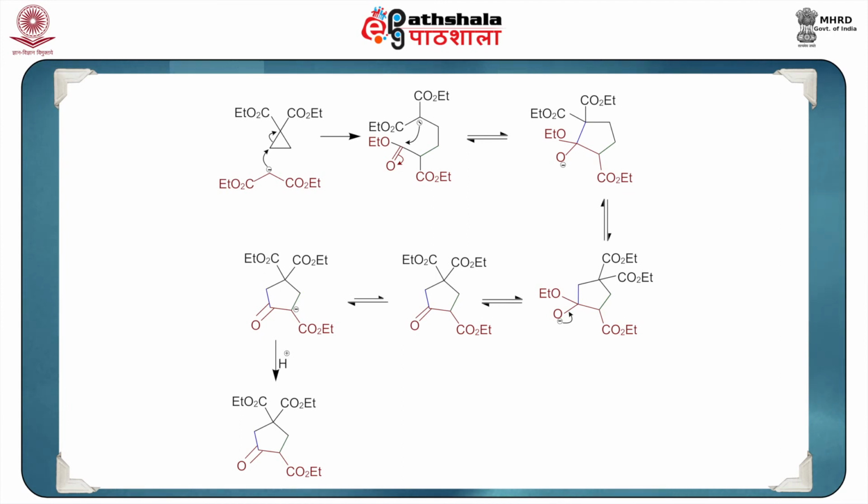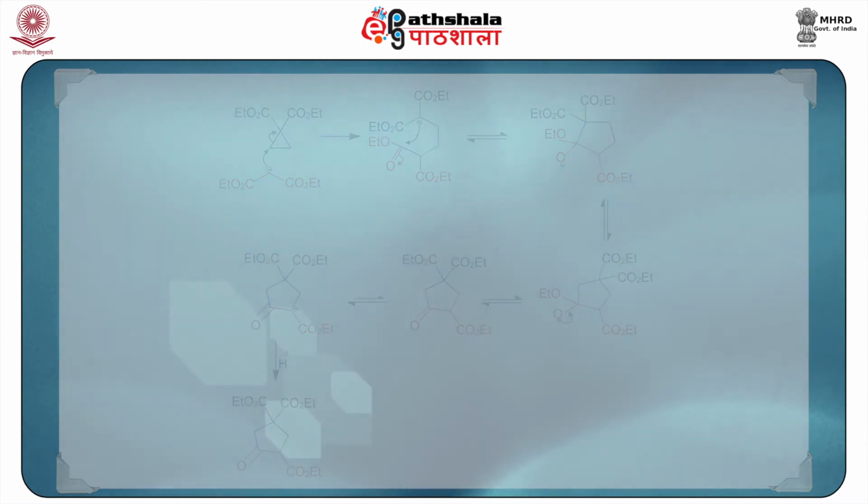This keto ester is a 5-membered cyclic ring having 3 ester substituents and 1 keto. Because the medium is basic, there may be further generation of a carbanion, but finally when you work it up with acid, it gives you the neutral 5-membered product.